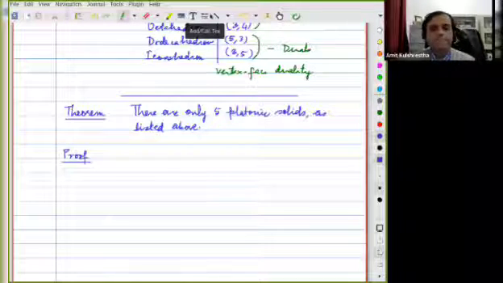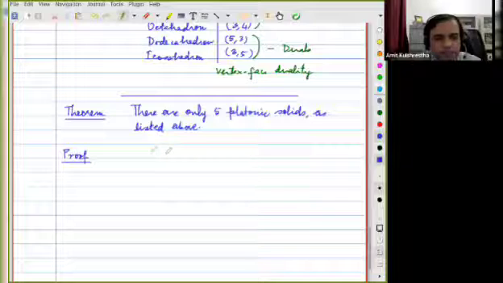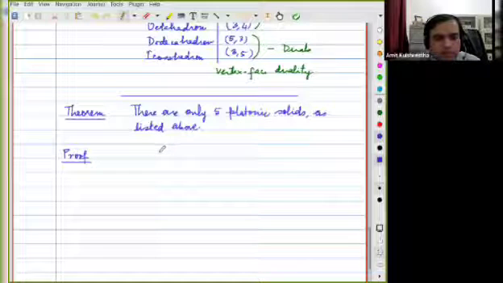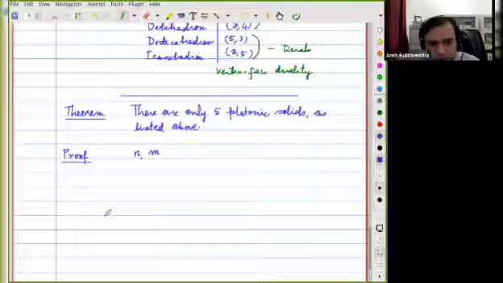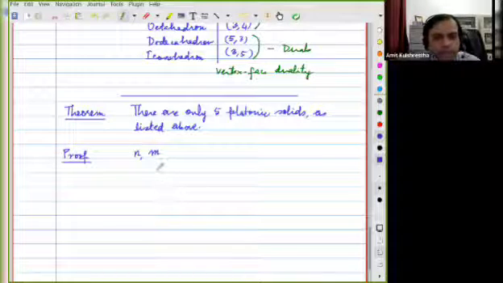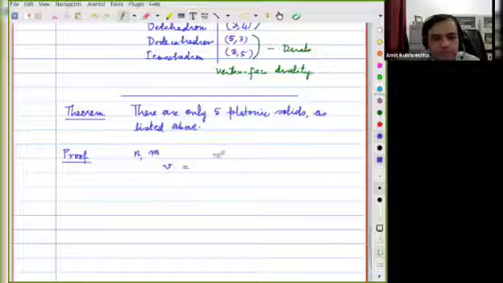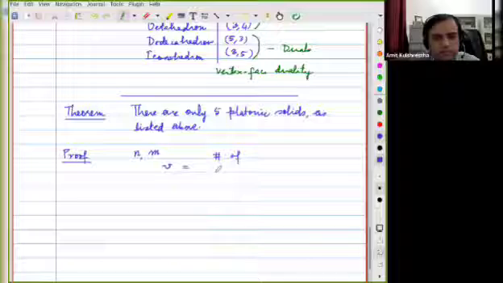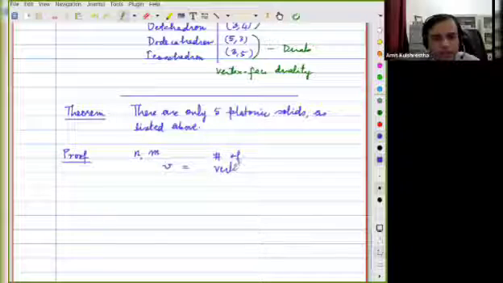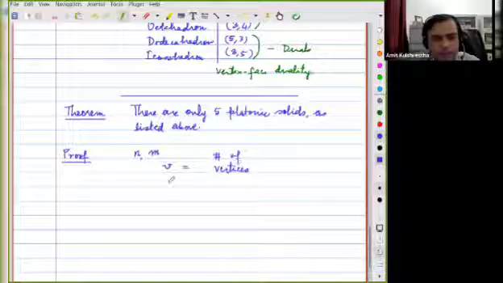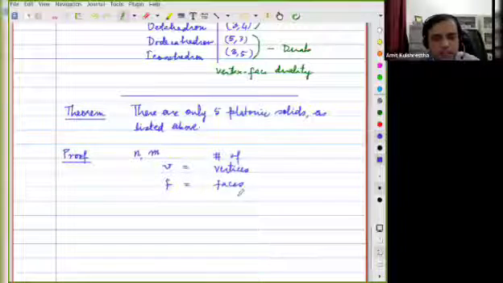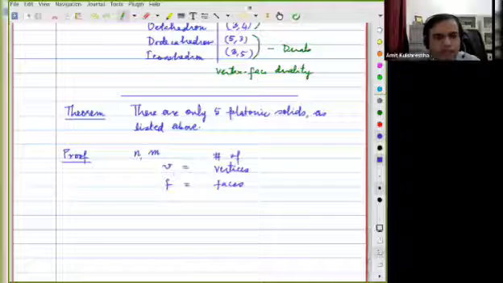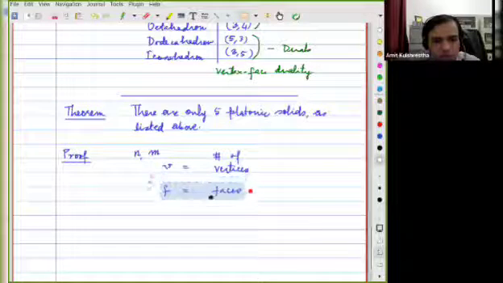Proof. You already know N and you already know M, right? I'll introduce this notation. V is the number of vertices. F is the number of faces, and E is the number of edges.